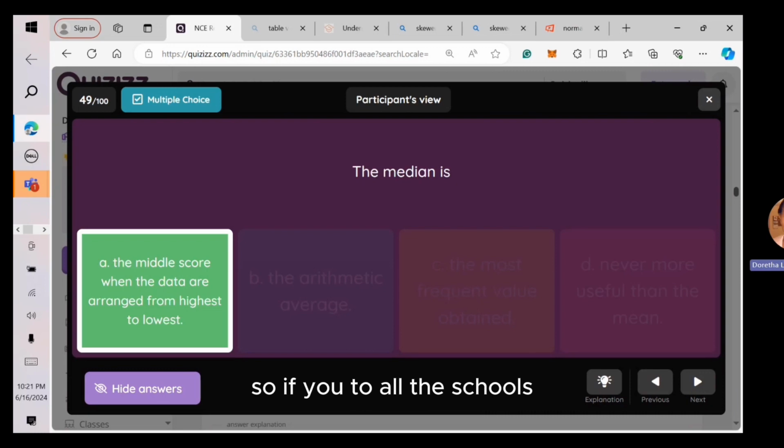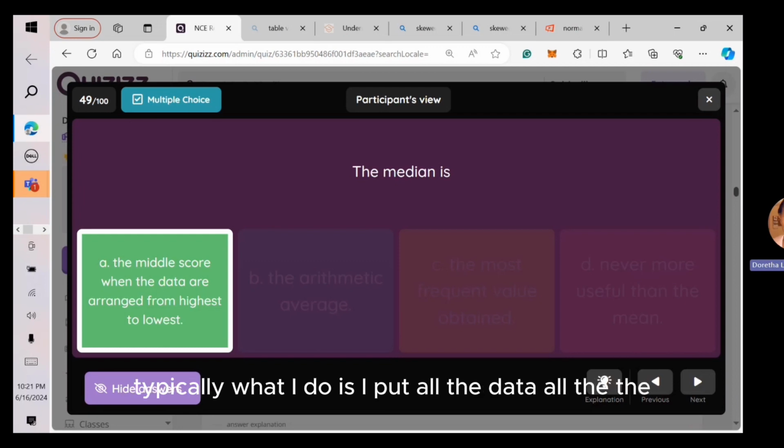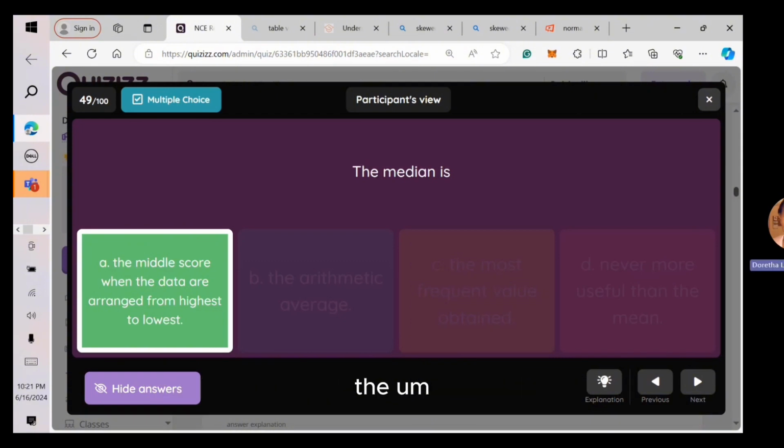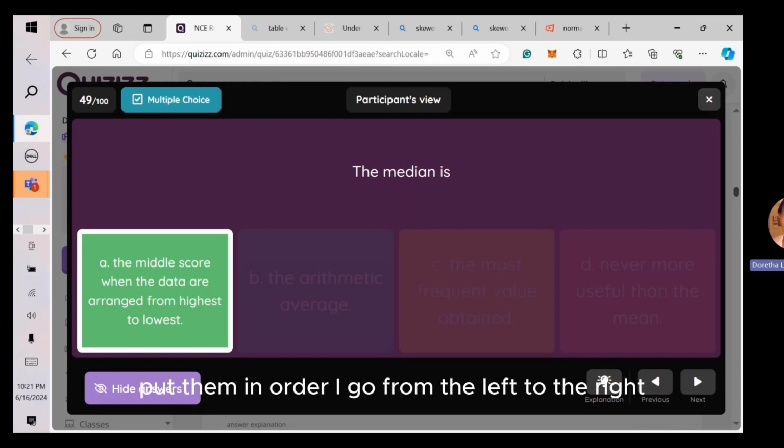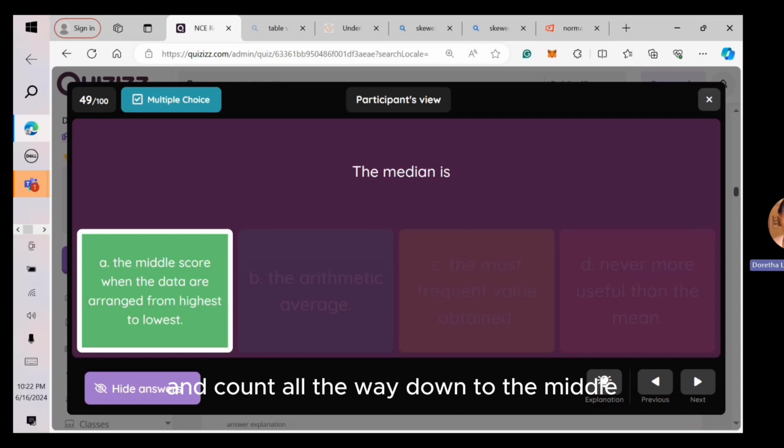So if you take all the scores, arrange them like it just says here, and then you look at the scores in the median. Typically what I do is I put all the data, all the numerical plots for each individual one, put them in order. I go from the left to the right and count all the way down to the middle. And then you get your median.